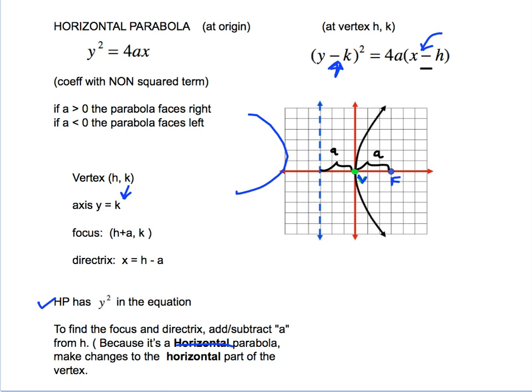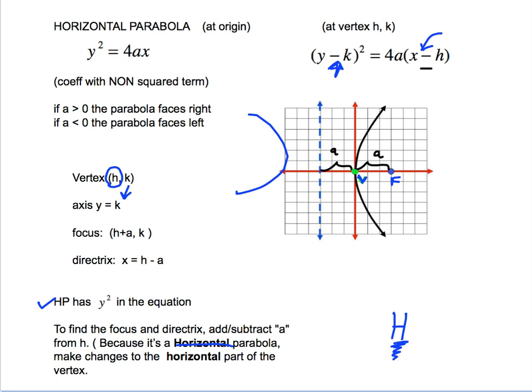So this a gets tacked on to the h. You could think about h for horizontal, and the a gets tacked onto the h value to get your focus and your directrix. So that's two important things. The horizontal parabola has y squared in the equation, and to get the focus and the directrix, you're adding and subtracting the a from h. H for horizontal, h for that part of the vertex.